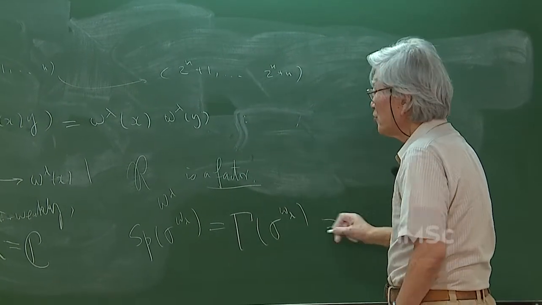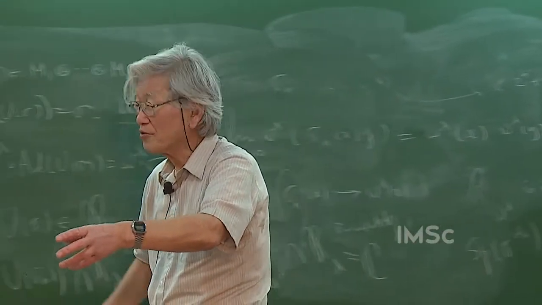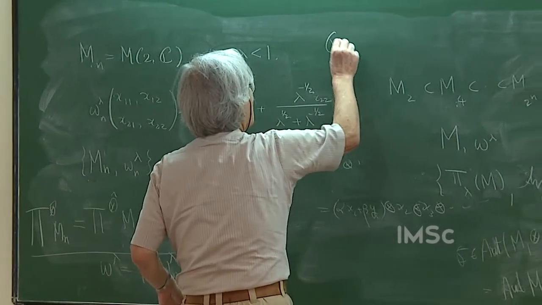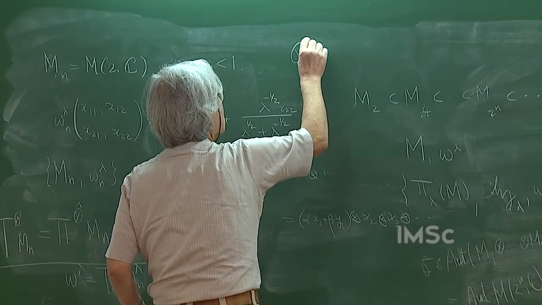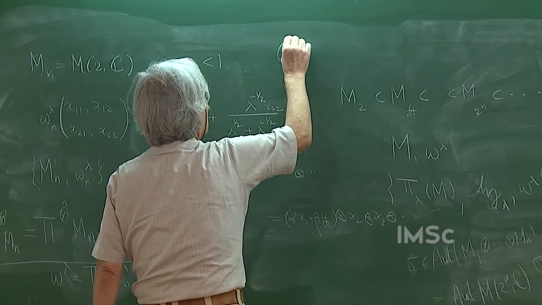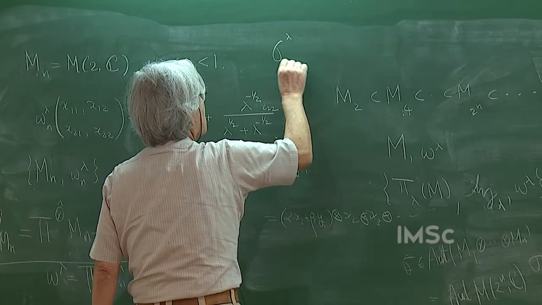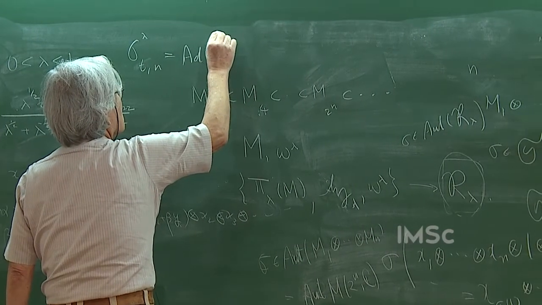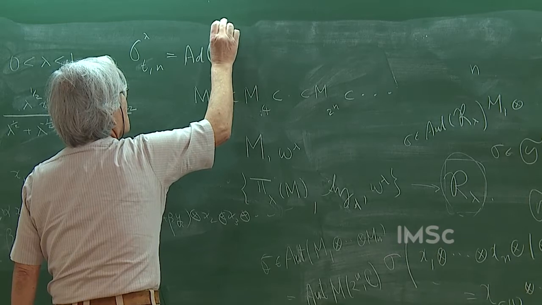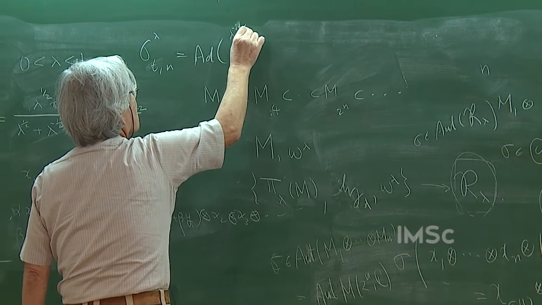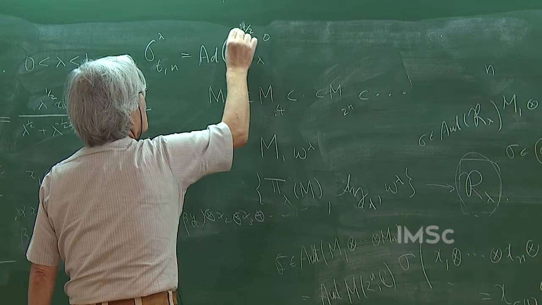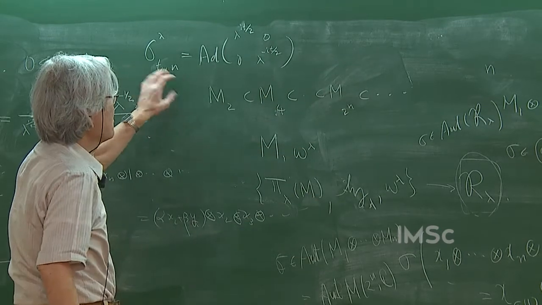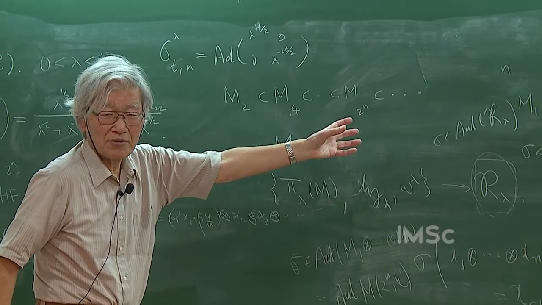What is it? Then we know that the modular automorphism sigma t of omega n is given by the product of Ad of the matrix diag(lambda to the minus it over 2, 0, 0, lambda to the it over 2), and it is a tensor product of those.